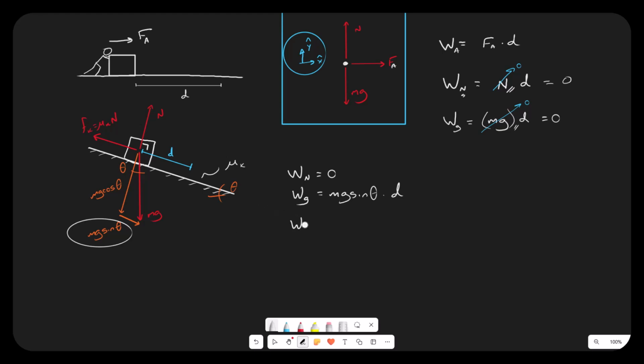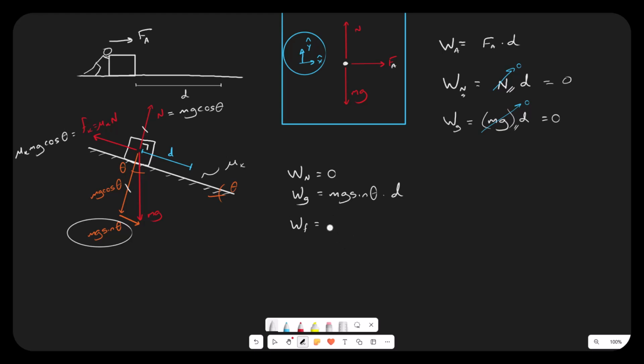The work done by friction: my normal force and mg cos theta have to be equal because otherwise I am sinking into my ramp or floating off of it, which means my frictional force up here is going to be mu k mg cos theta.